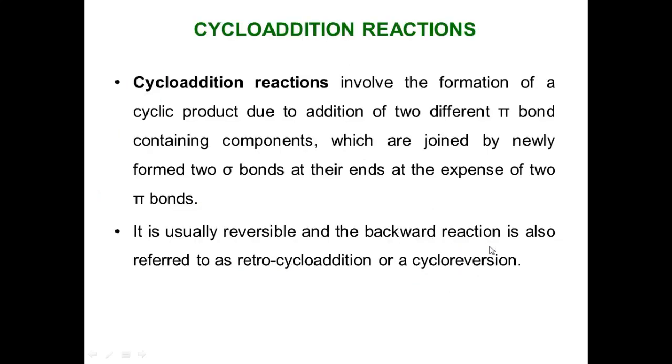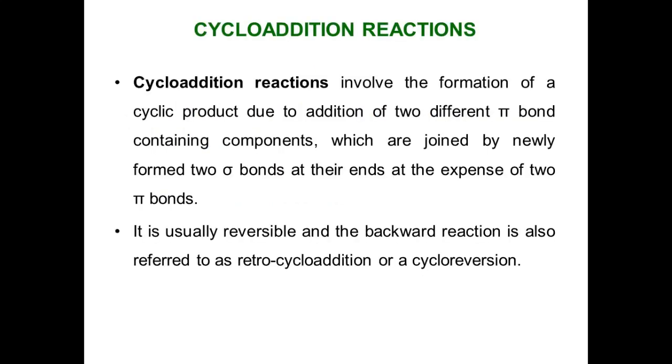Then the cycloaddition reactions. Next we are going to discuss cycloaddition reactions, which involve the formation of a cyclic product due to the addition of two different pi-bond-containing components, which are joined by the newly formed two sigma bonds at their ends at the expense of two pi bonds. It is usually reversible, and the backward reaction is also referred to as retrocycloaddition or cycloreversion.